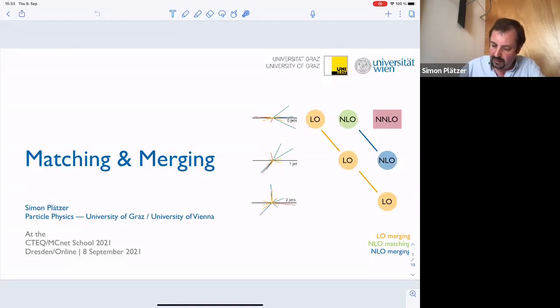And then we'll have a go at how we continue that to next to leading order, and eventually see how that pushes us into an algorithm to combine with next to leading order. But that is just a combination. It's not a matching in the sense, and we'll see that explicitly, of how we discussed yesterday the next to leading order matching. So that is the setting we're going to continue today.